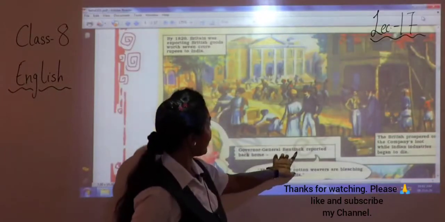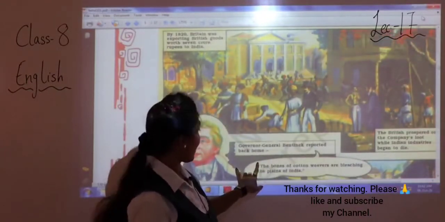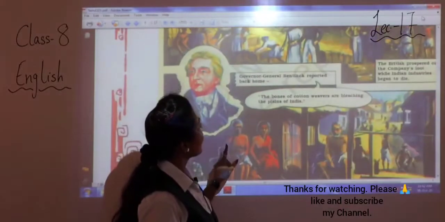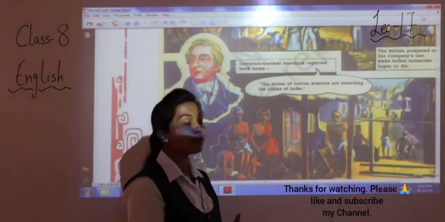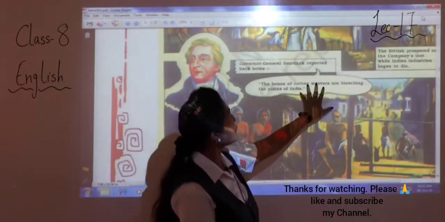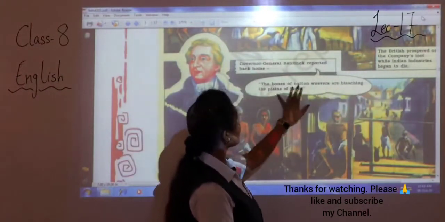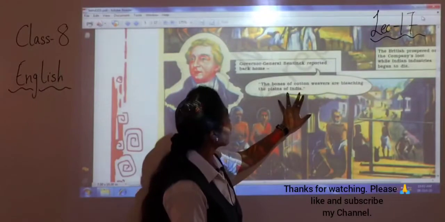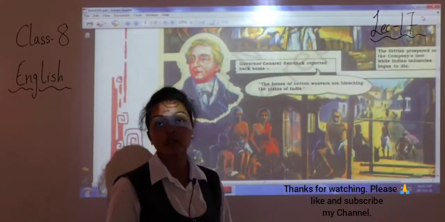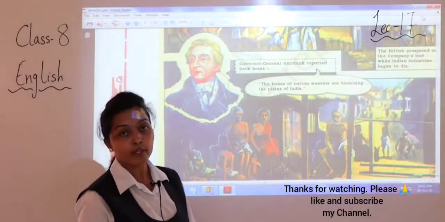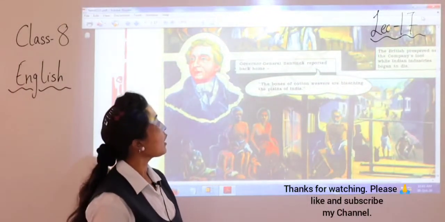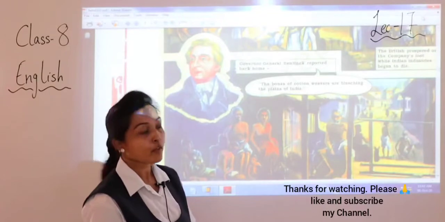Governor General Bentinck reported back home, giving the information that the bones of cotton weavers are bleaching the plains of India. So cotton weavers, those who are related with cotton fabric, their industries are bleaching the plains of India.